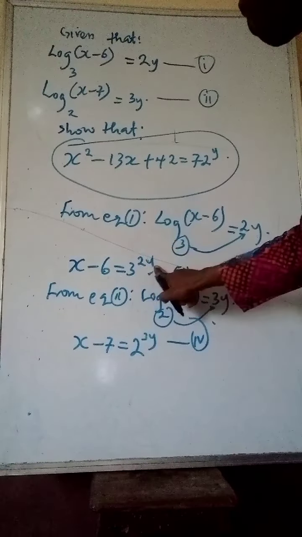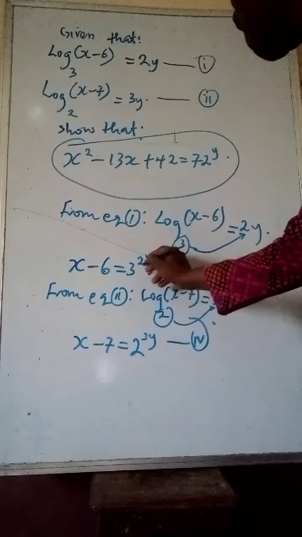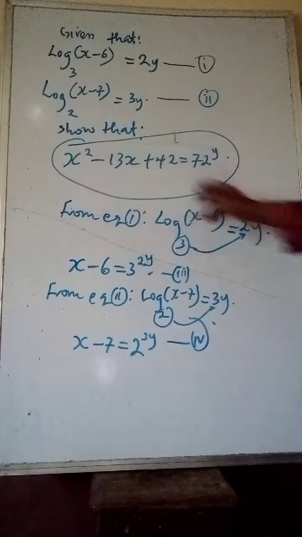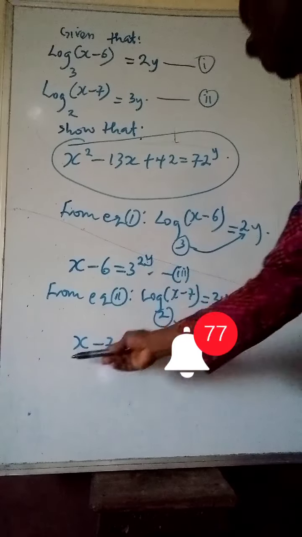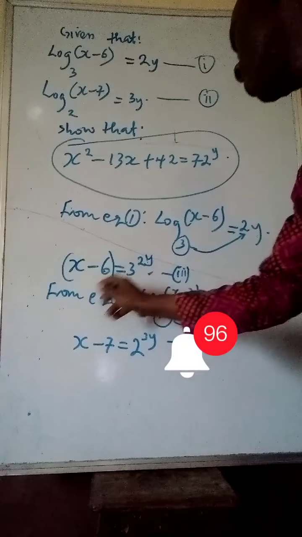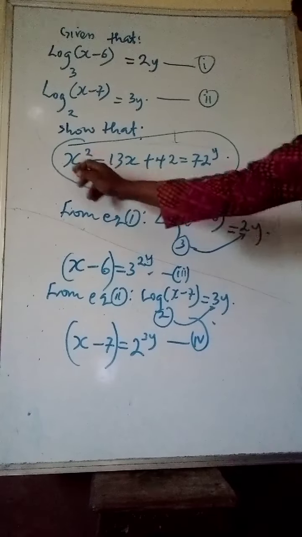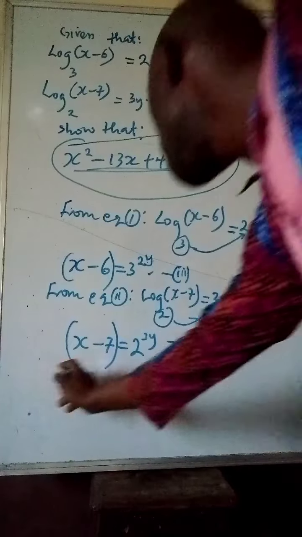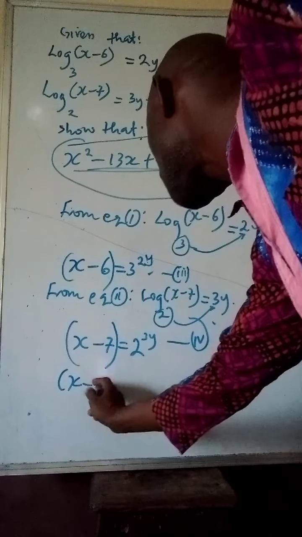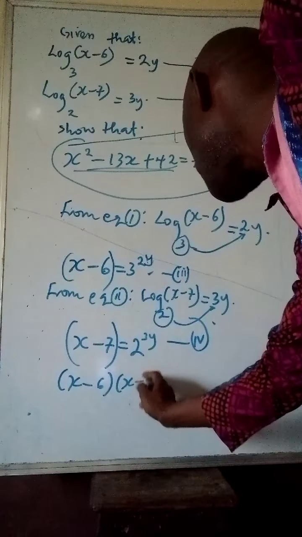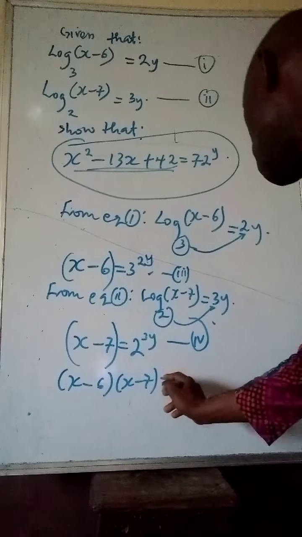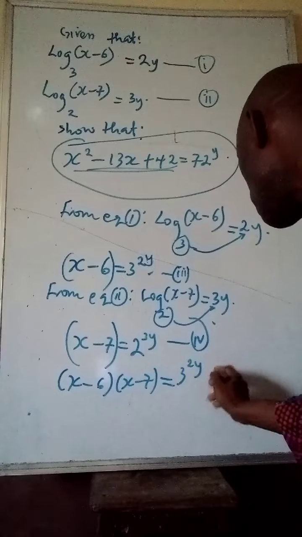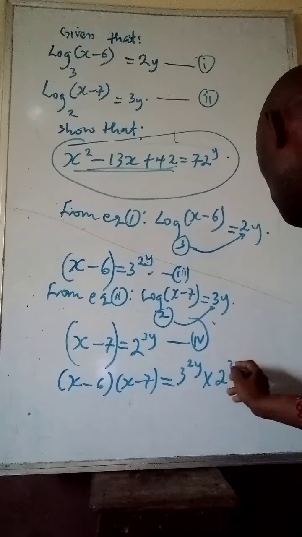So what do I do? I can multiply the 2 together to achieve this quadratic, because if I multiply x minus 6 and x minus 7 together, it will give me this quadratic expression. That means I will do (x minus 6)(x minus 7) equals 3 raised to the power 2y multiplied by 2 raised to the power 3y.